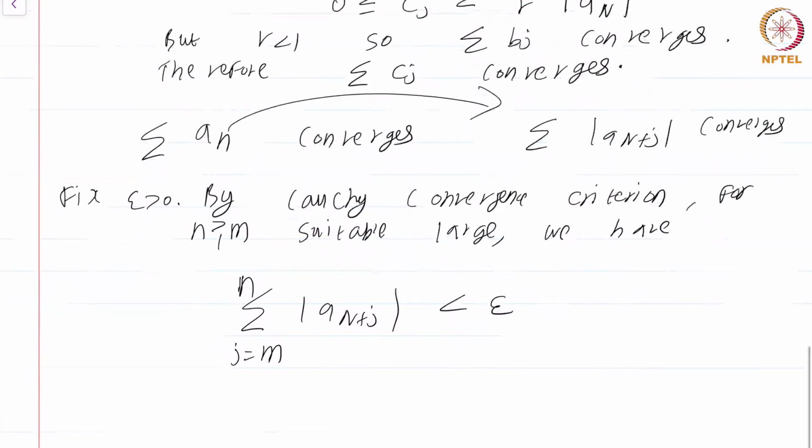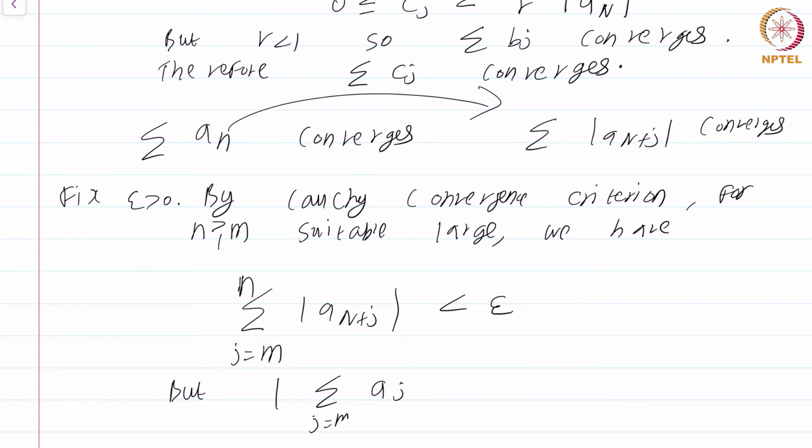Okay, but the modulus of summation aj, j running from m to n, that is, j running from n plus m to n plus n, is less than or equal to summation j equals m to n of mod a_(n+j), which is in turn less than epsilon.